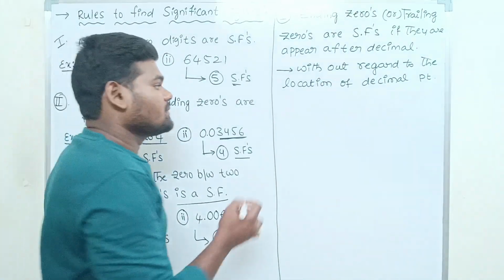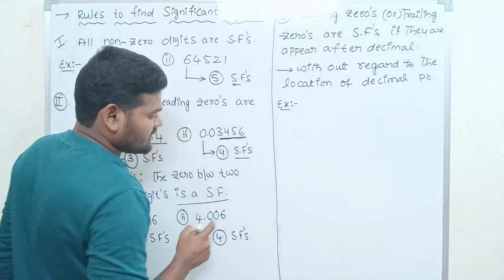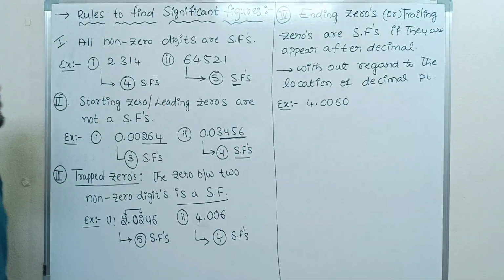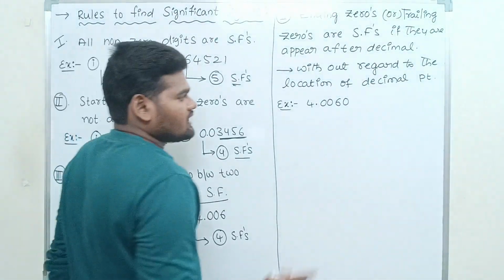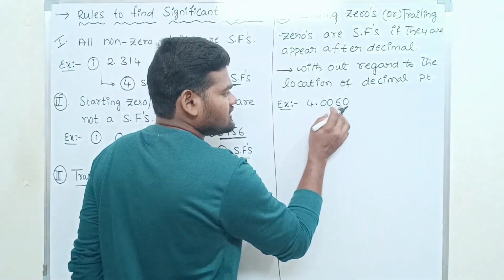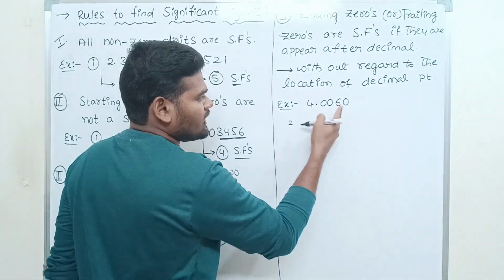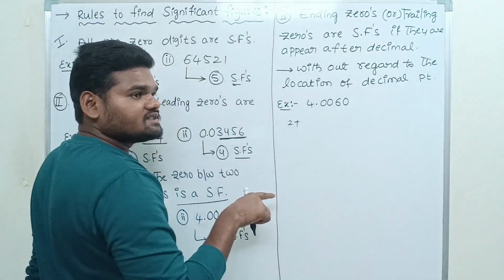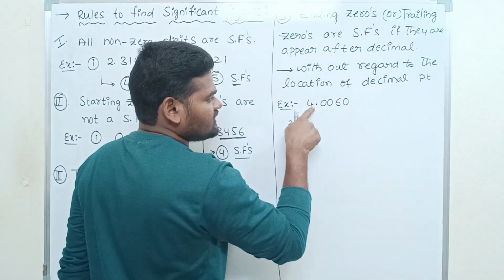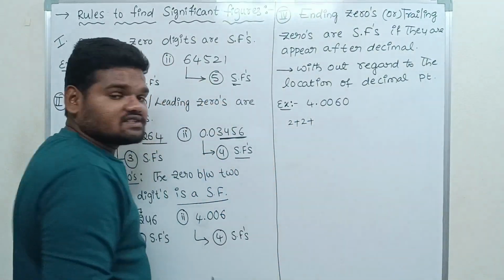Let us see the example. Have a look. The same example I am taking, 4.0060. For the first rule, what do we have? All non-zero digits are significant figures. This number has two non-zero digits, 4 and 6, plus trapped zeros. Trapped zeros means the zeros between two non-zero digits. See, in between 4 and 6 we have two zeros. They are also significant figures. What is the next rule?